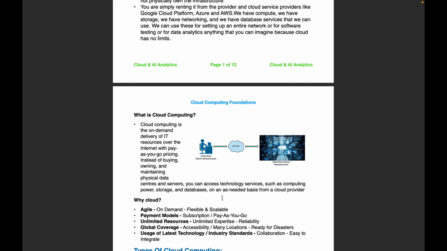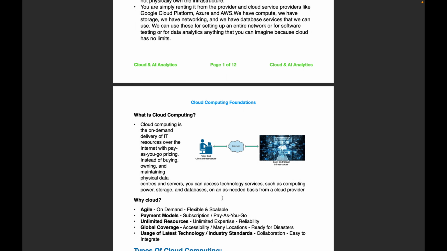And the one point I wanted to explain in global coverage is, even if there is any disaster, or for some reason our application goes down, within a fraction of minutes our application will be available on the other resources, that is, our backup resources.